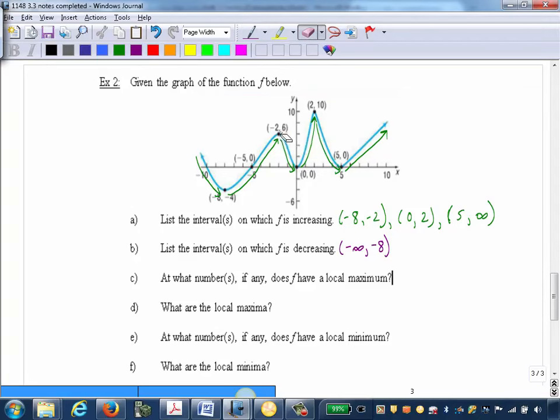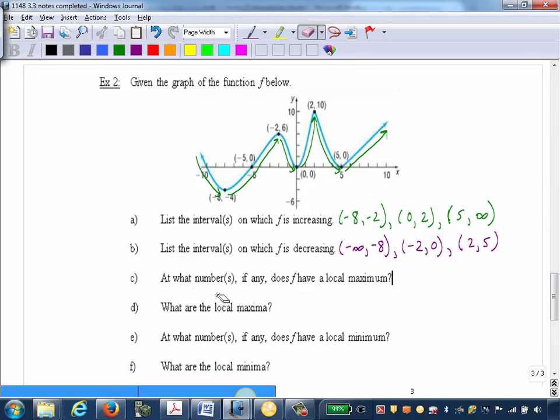My second region begins at an x value of -2 and goes to an x value of 0. So I describe this as parenthesis -2, comma, 0, close the parentheses. Then the final region of decreasing, it begins at 2 and it goes all the way to 5. So I describe that as parenthesis 2, comma, 5.